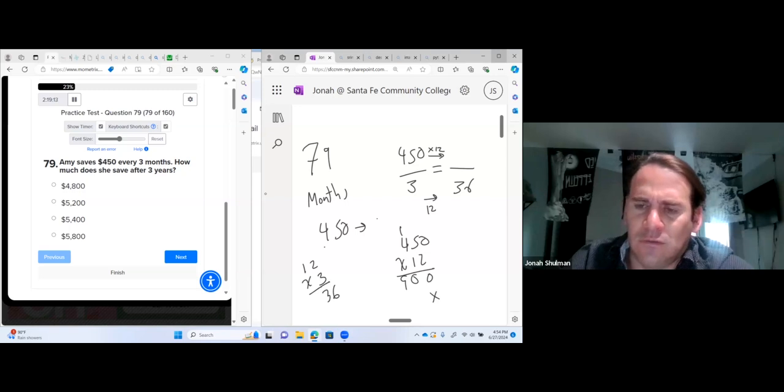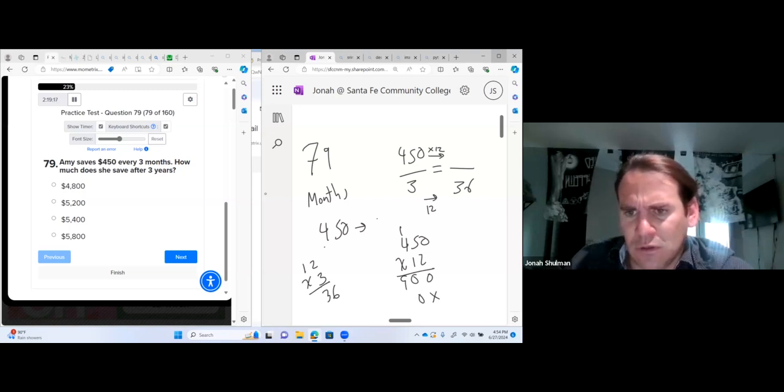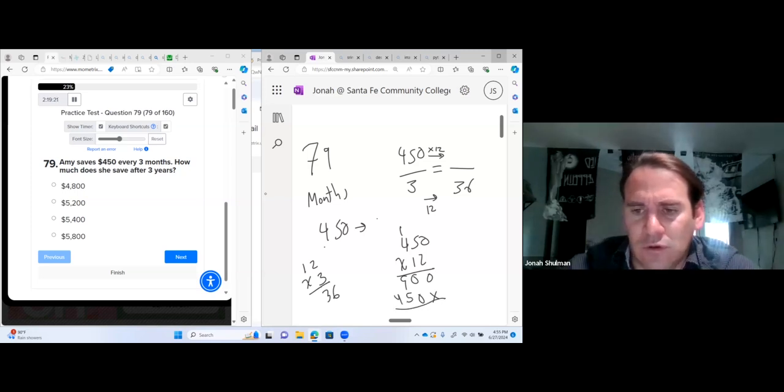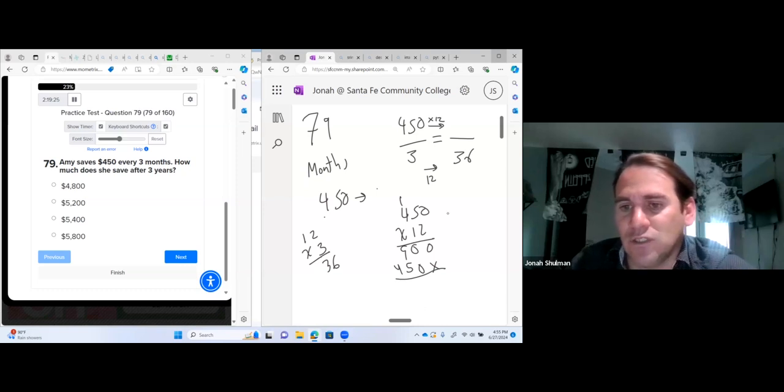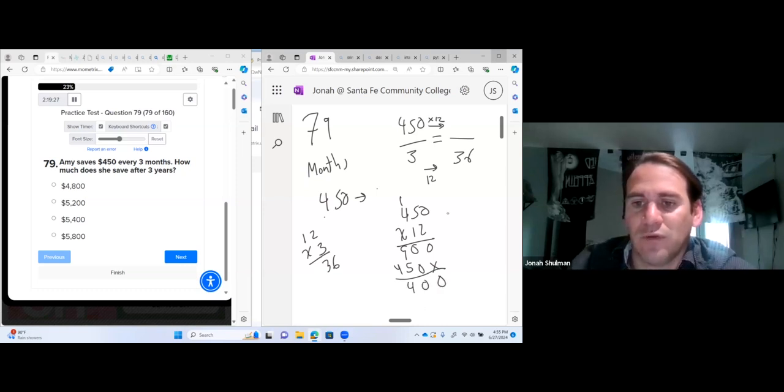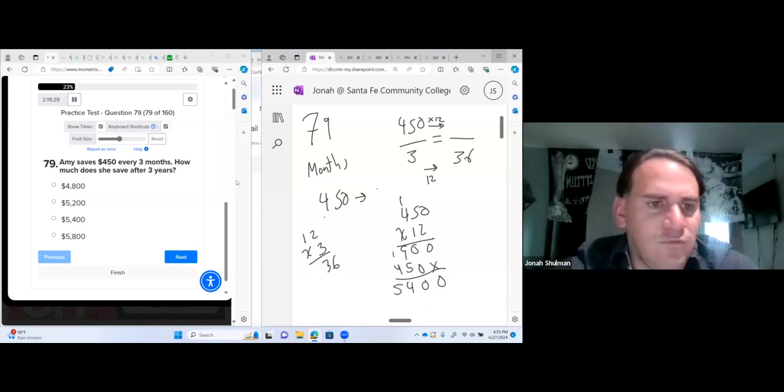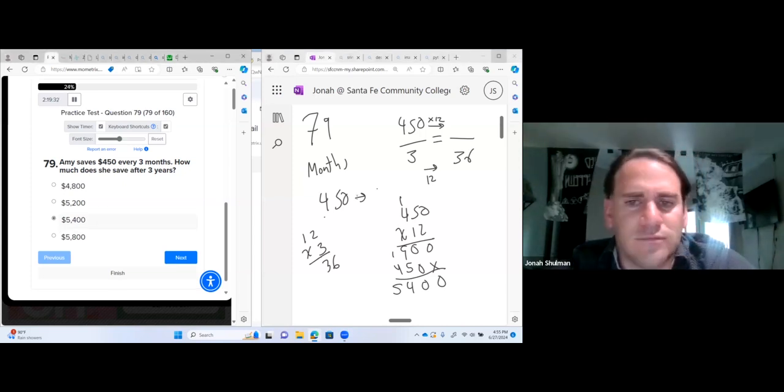Blank, because we're in the tens place. 0, 5, 4. I like the butterfly better, but I keep trying to show you different ways to do the problems. You pick whatever way is the best. 5,400, it is C.